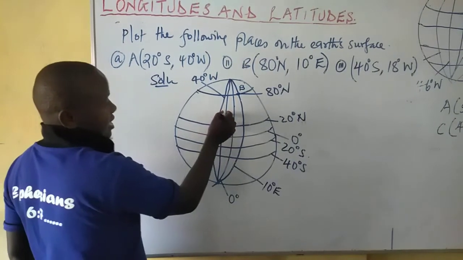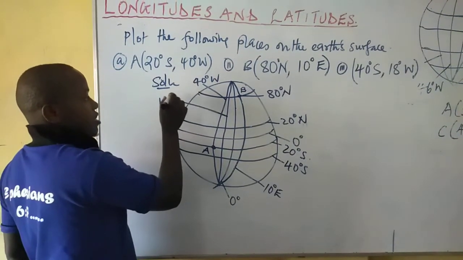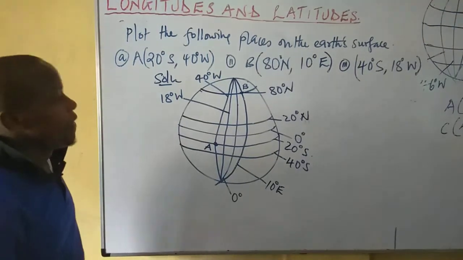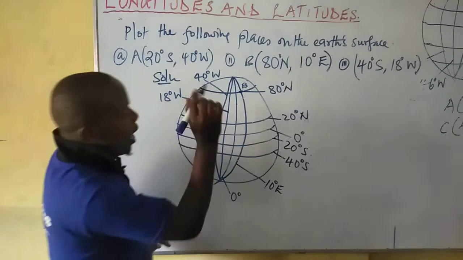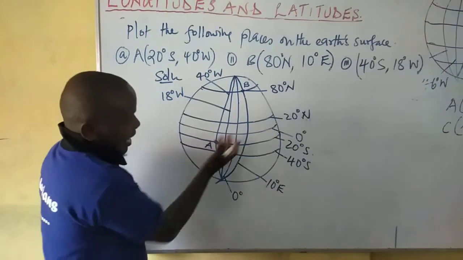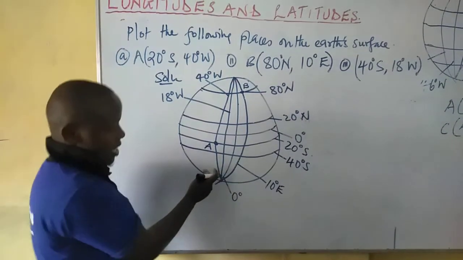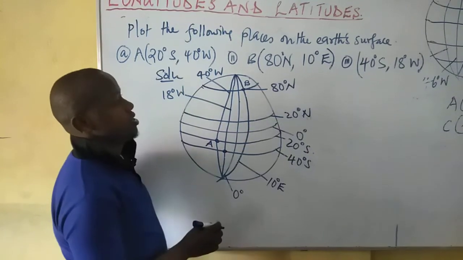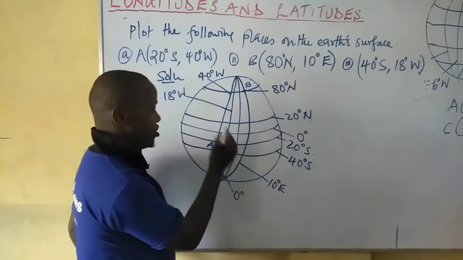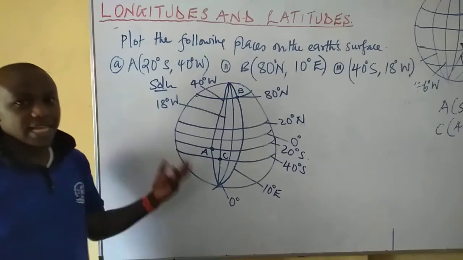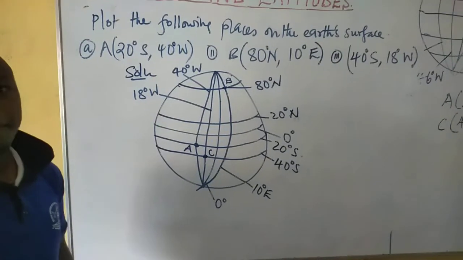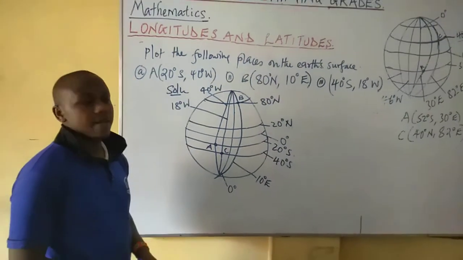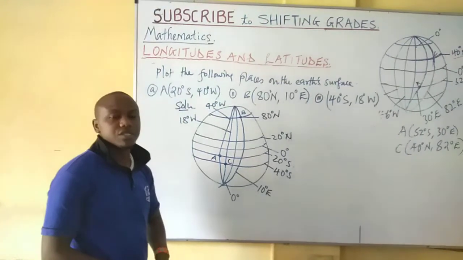So this is 18 degrees in the west. Therefore, we will look now where 40 south and 18 west have met. And this point of intersection is giving us our town C. So that's how we locate or plot places on the Earth's surface.